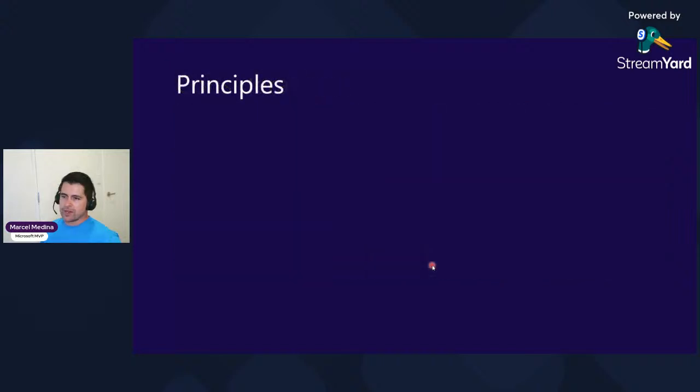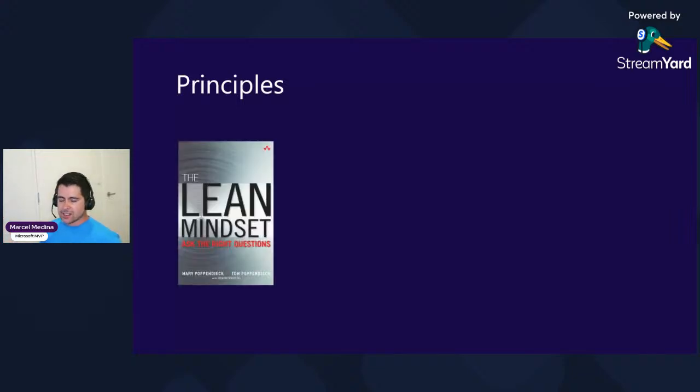But we also have principles. I'm going to bring some principles in here that apply if you're working in teams, working on products, right? But principles also apply to software development. Coming first with a product mindset: when you're working in teams, I've been reading this book, the lean mindset, ask the right questions.